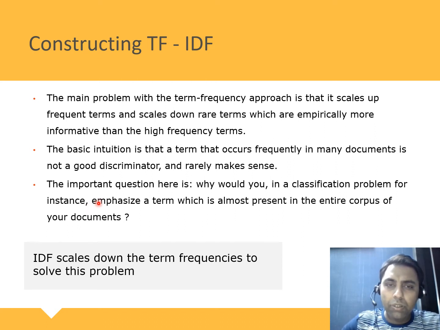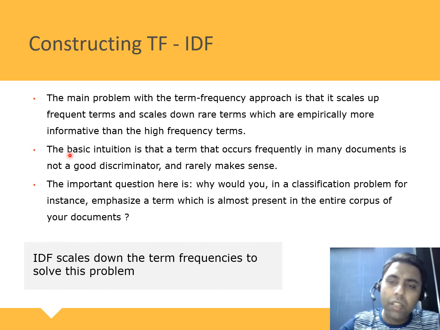So something has to be done. If we go ahead with the term frequency approach, it just takes into account the frequencies, and it will weigh up the more abundant words and significantly weigh down the rare words.